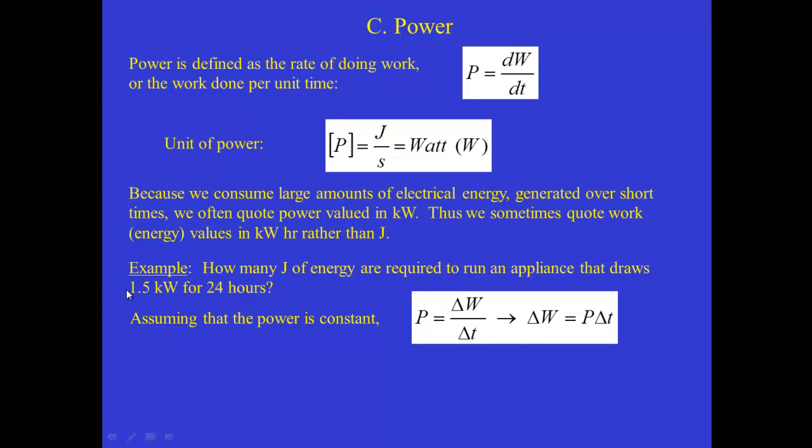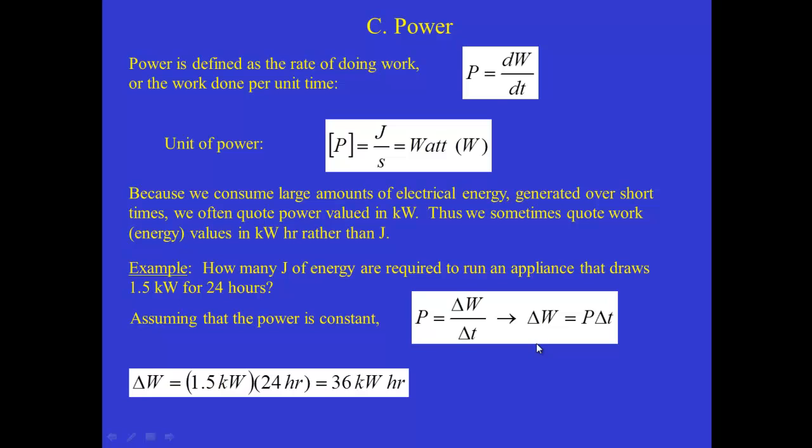So we can calculate the amount of joules of work done by writing down that we have 1.5 kilowatts times 24 hours, right?